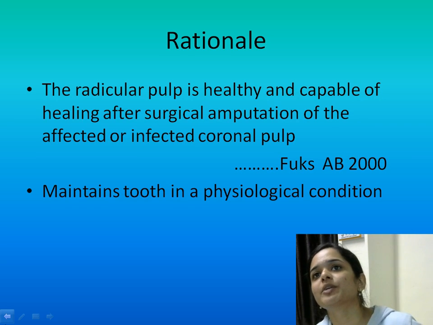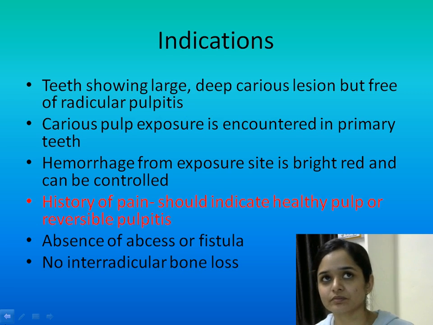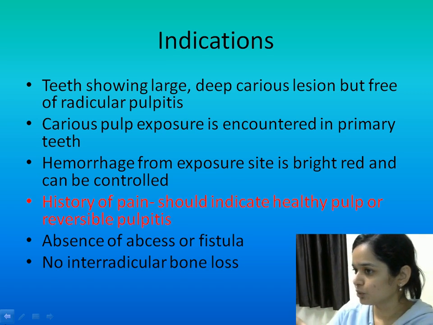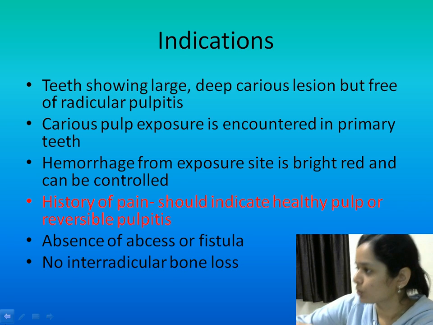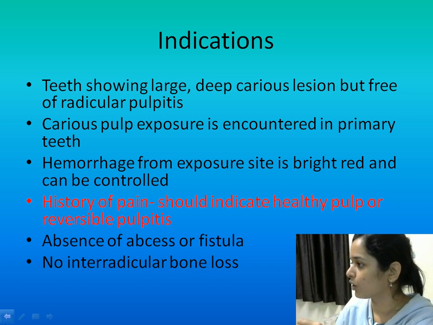The radicular pulp is healthy and capable of healing after surgical amputation of the affected or infected pulp, and maintains the tooth in physiologic condition. Indications will be a tooth showing a large deep carious lesion but free of radicular pulpitis. Now, how will you come to know whether the tooth has pulpitis only in the coronal portion, or whether the radicular portion is inflamed already or not?